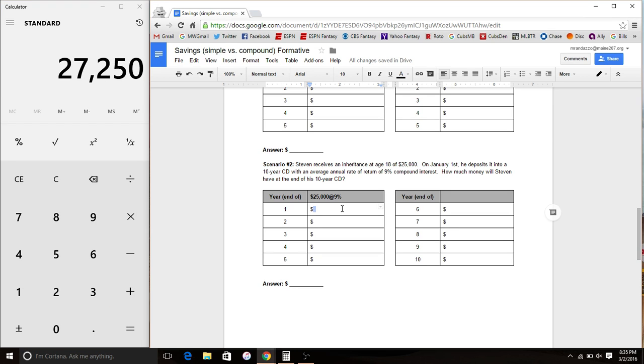So after year 1, we had $27,250. You take that number, you times it by 0.09. That's the new interest. So let's add that to the amount we already have in there. So now we're at 29,702.50.